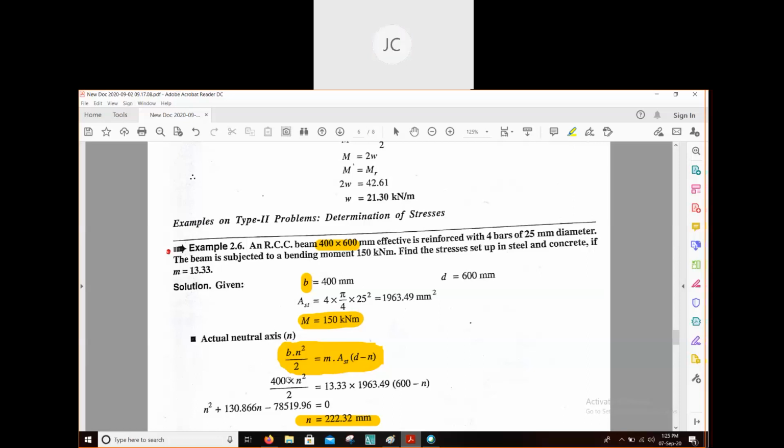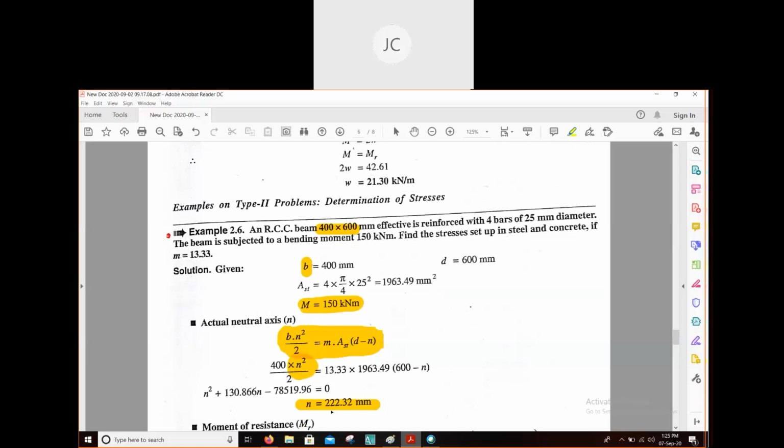This is a quadratic equation. You will get two values of n because you can see n square is there. One will be positive, another one will be negative. We have to take the positive value. You cross multiply, then you multiply this part, then you shift this negative part to this side. You have to take common and solve this equation.